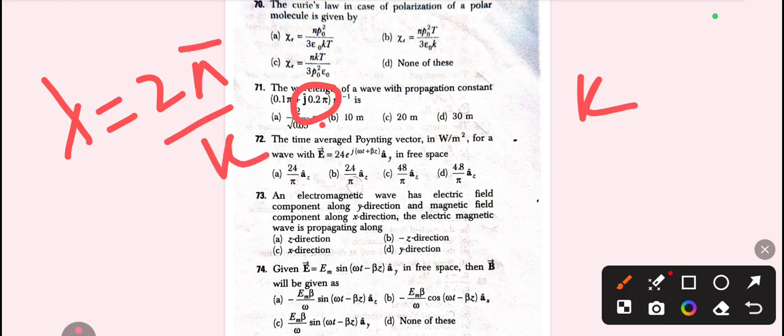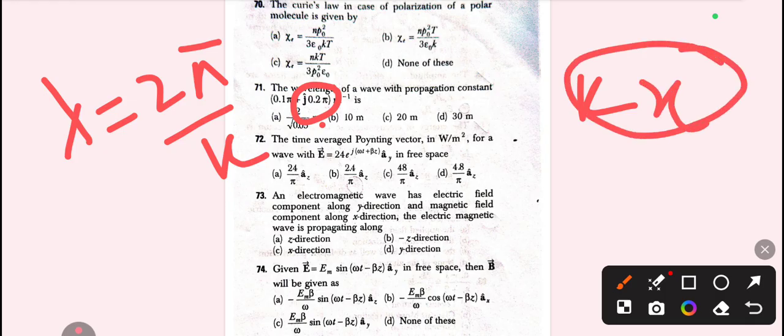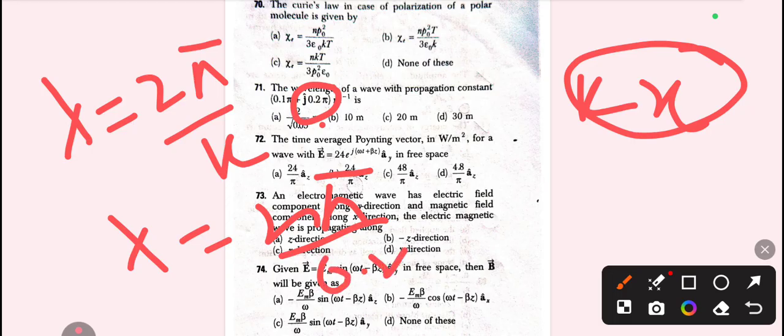Here the k is 0.2 pi k unit vector. We always have kx, ky, kz unit vectors, and 0.2 pi is k. Then lambda equals to 2 pi divided by 0.2 pi. This cancels out and we will get the answer 10.